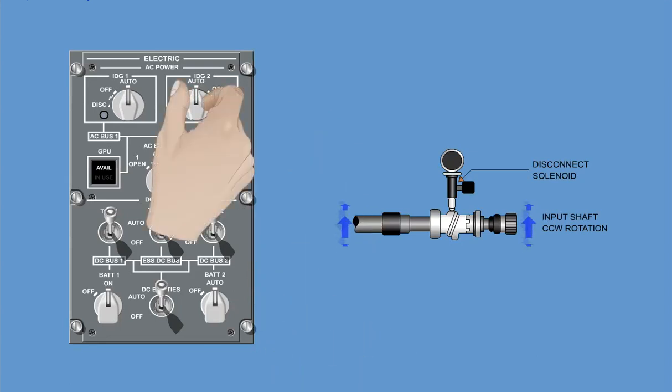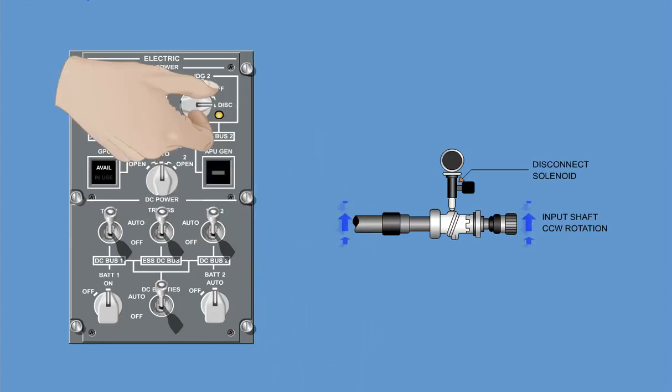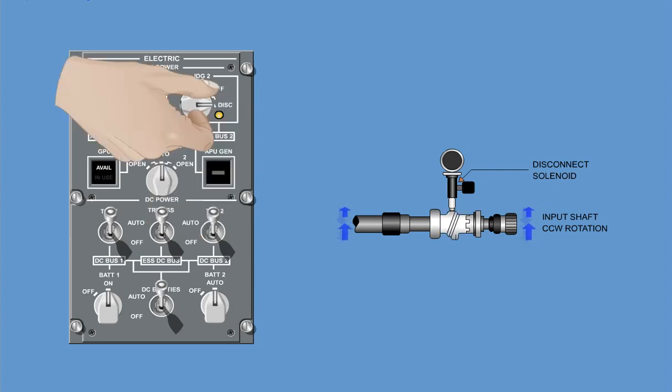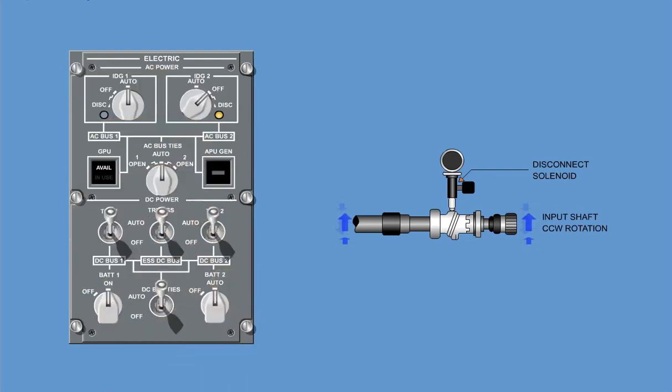By selecting the switch to the disk position for more than 1 second, the disconnect mechanism inside the CSD provides a means of separating the transmission and generator shaft from the IDG input shaft. Selecting the switch to the disk position causes the solenoid pin to retract. This action releases a plunger which engages the cam on the transmission shaft.